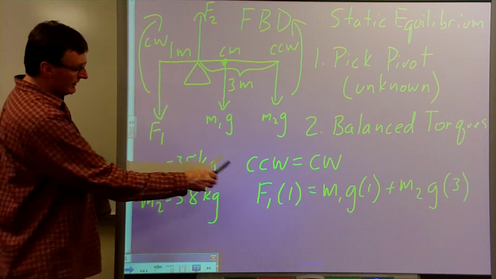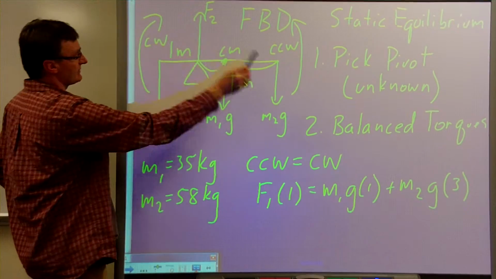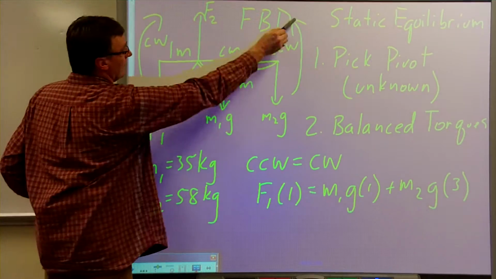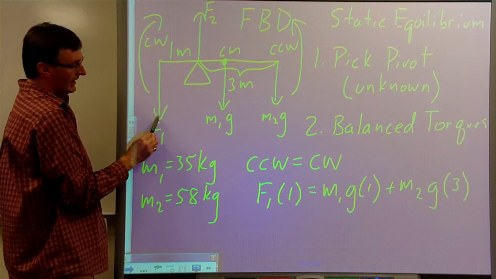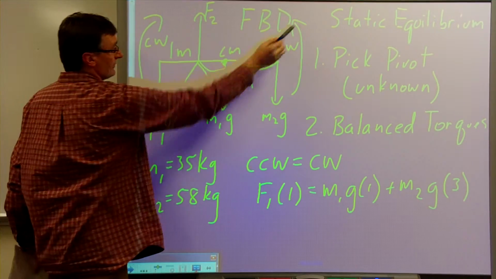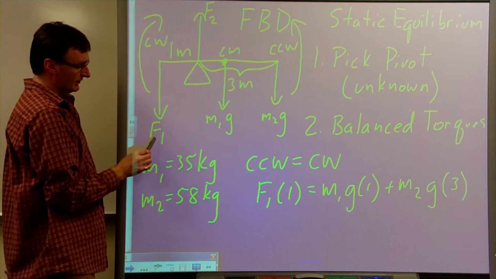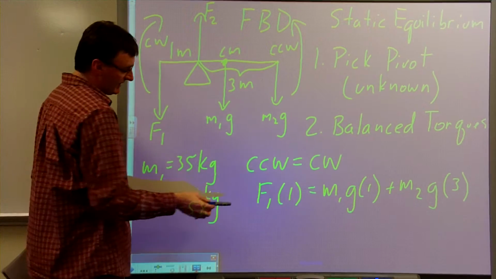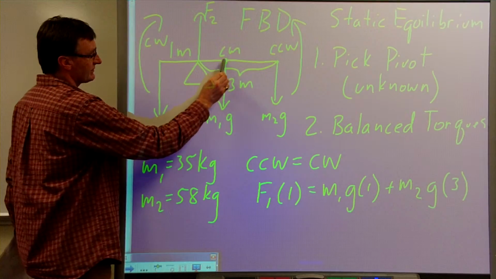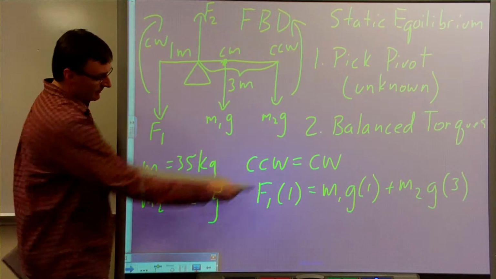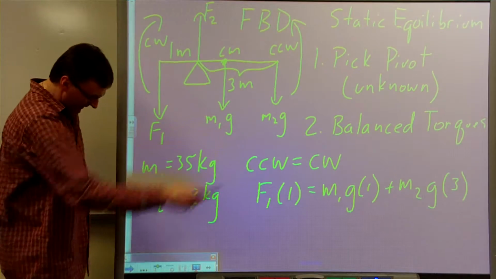F1 is producing the counterclockwise torque. And that has to equal the clockwise torques, which is this one plus this one. So that's what I have on the other side of the equation.